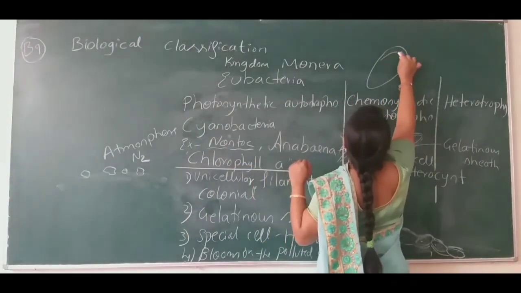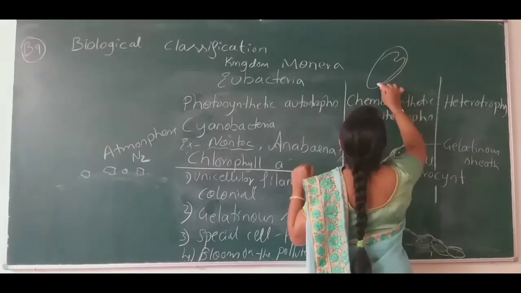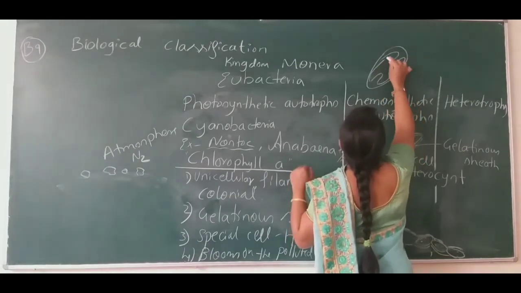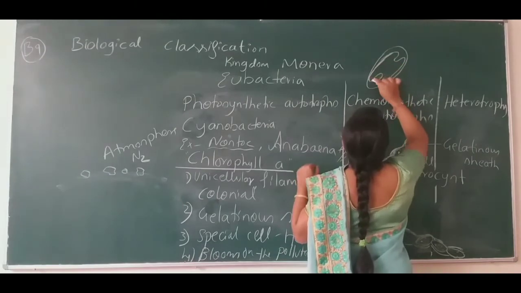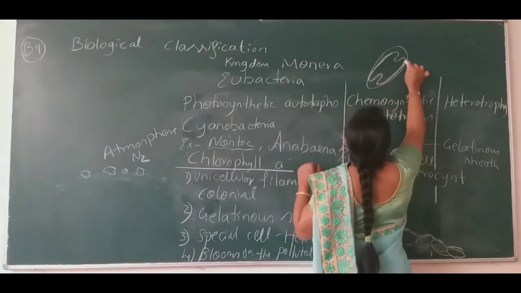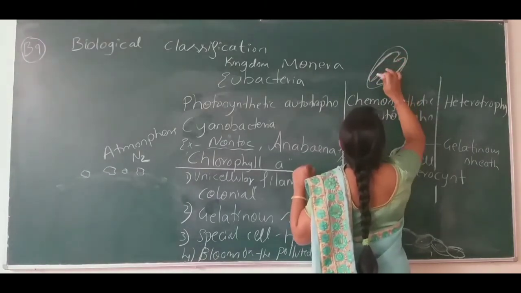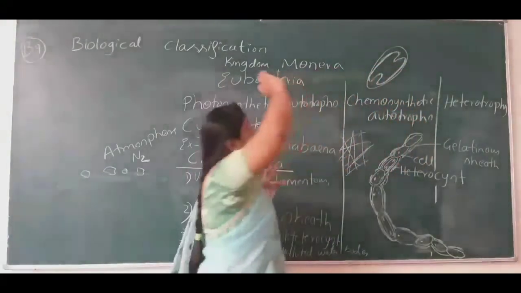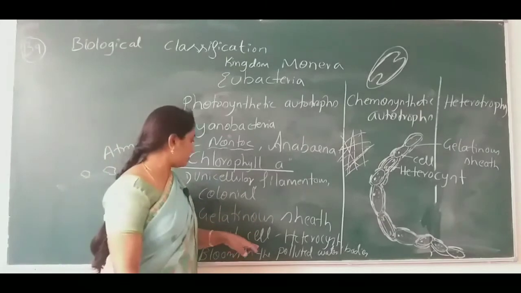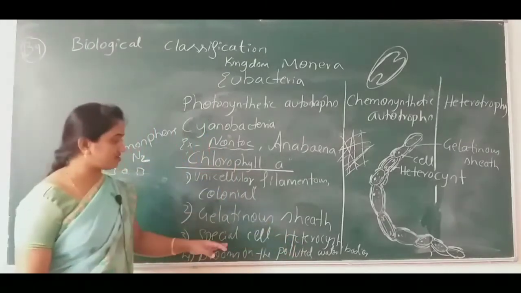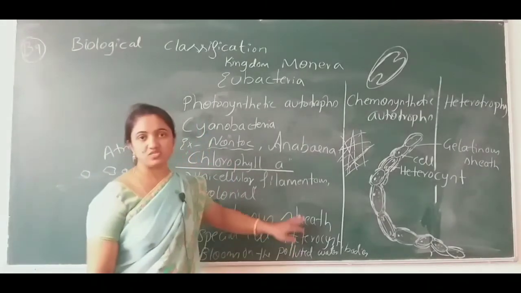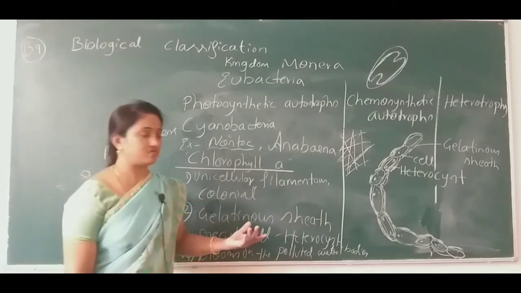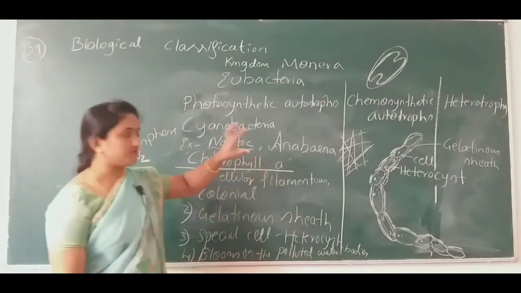Inside the cell, it has a unique feature: a horseshoe-shaped cytoplasm is present. While describing the heterocyst, I said they synthesize food, but let me correct it.